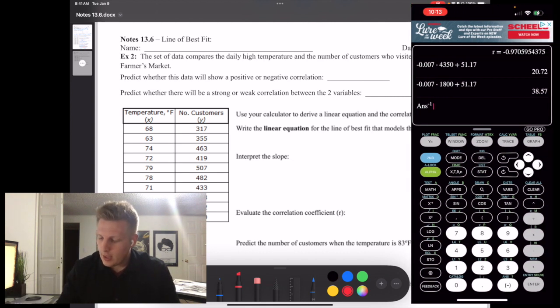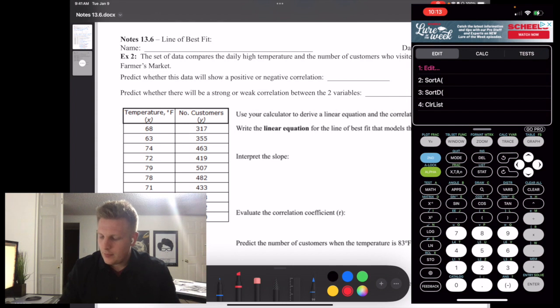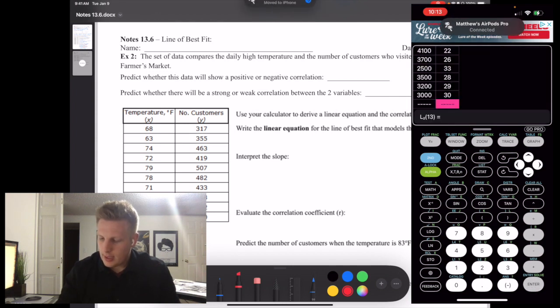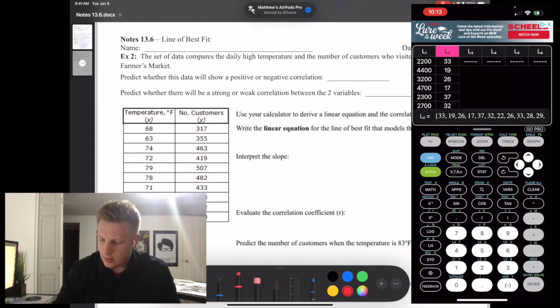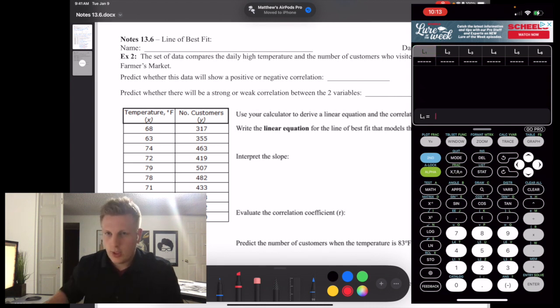So here I am over at my calculator. I hit stat, hit enter to edit, and this time I am going to go all the way up here. Now I'm concerned that my audio has changed.